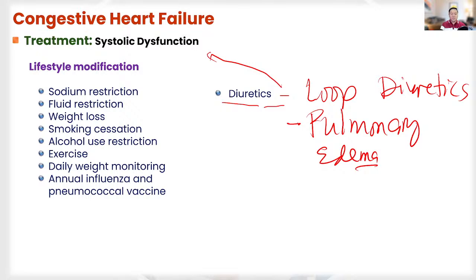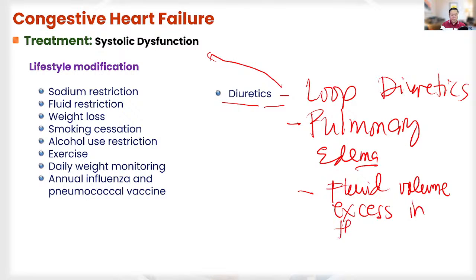And so when the patient's CHF is exacerbated, then they're going to end up with this critical condition, pulmonary edema. There is that fluid volume excess in the circulation and also the lungs.